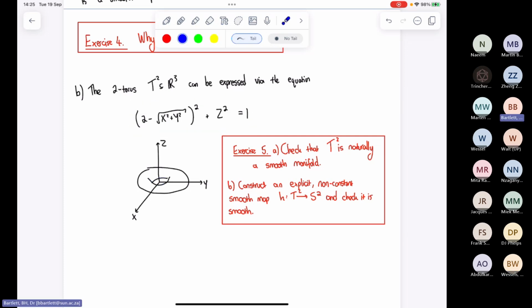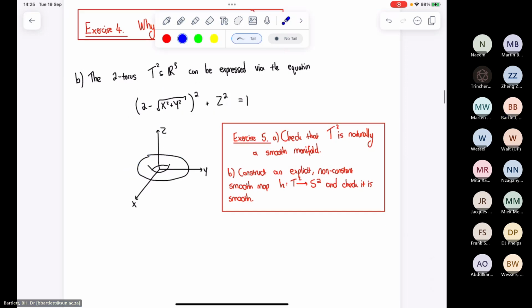The radius of this inner circle is 1, and the radius of that circle is 2. So that's actually slightly dodgy. I think I've got to make this number slightly bigger than 2, but anyway. Anyhow, to check whether something like this is a smooth manifold, you need to compute the gradient of this function and check that it's not equal to 0 everywhere on this torus. Okay.